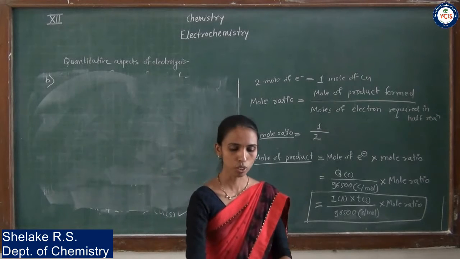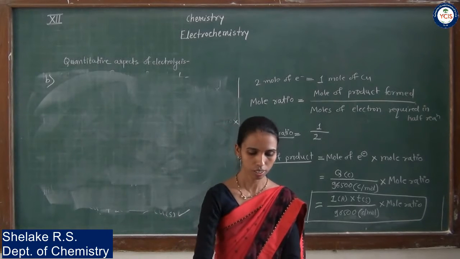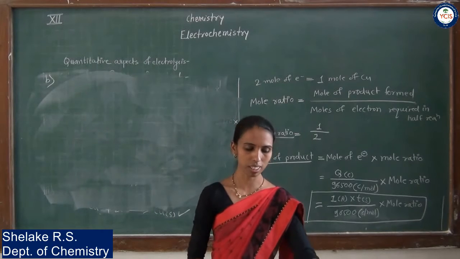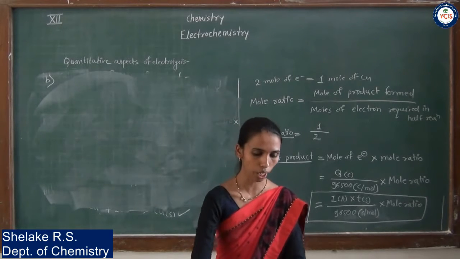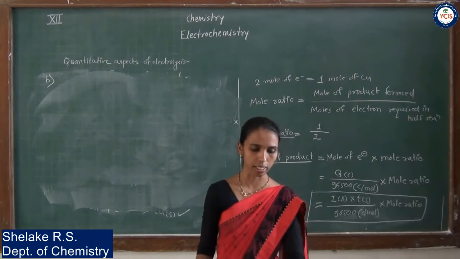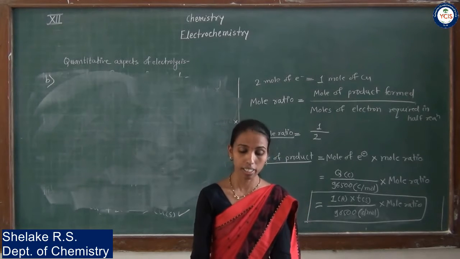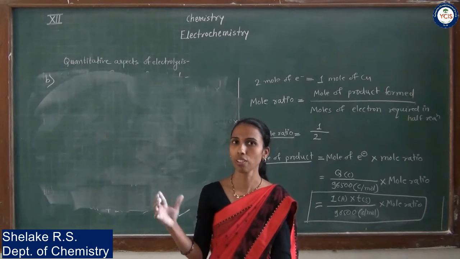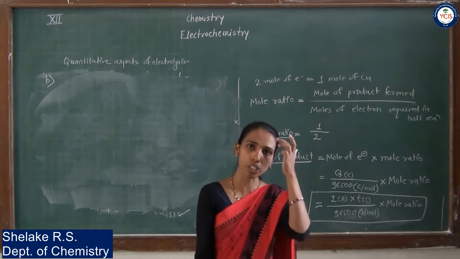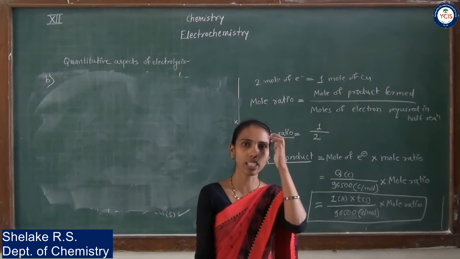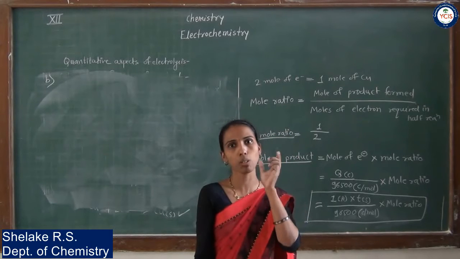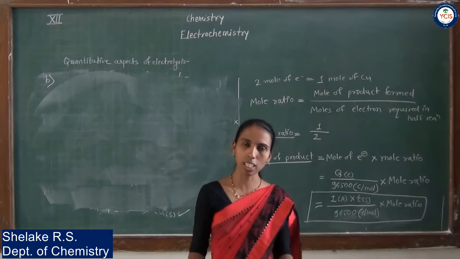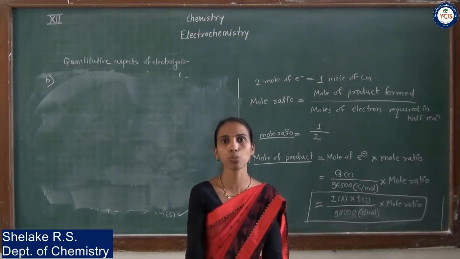Suppose you are considering two cells, meaning the cells containing the electrolytes are connected, two cells connected in series. Now we have studied the electrolysis of an electrolyte, where we were considering only one cell. Suppose you have now taken two cells connected in series; that time the same quantity of electricity will pass through the cells.